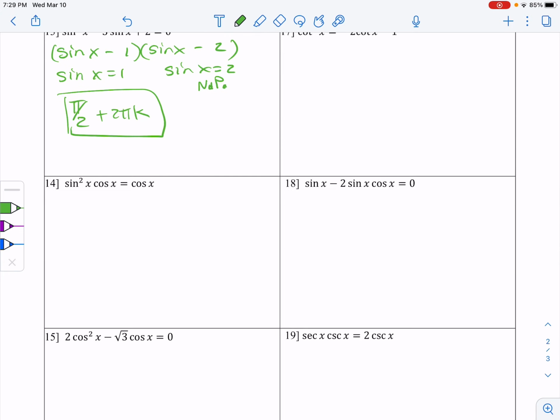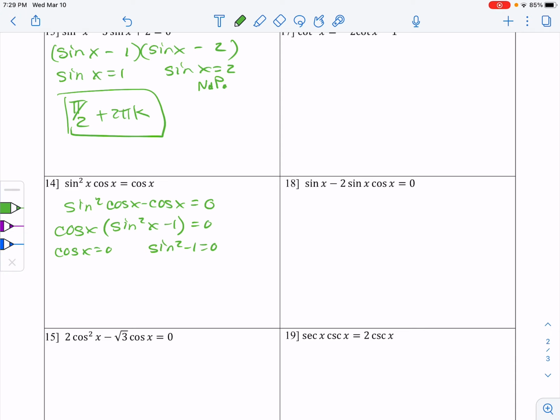Okay, set this equal to 0: sine squared x cosine x minus cosine x equals 0. Then I'm going to factor out the cosine x, and I'm left with sine squared x minus 1. And now I have two choices. If I set both factors equal to 0, you want to know when the cosine equals 0 and when sine squared minus 1 equals 0.